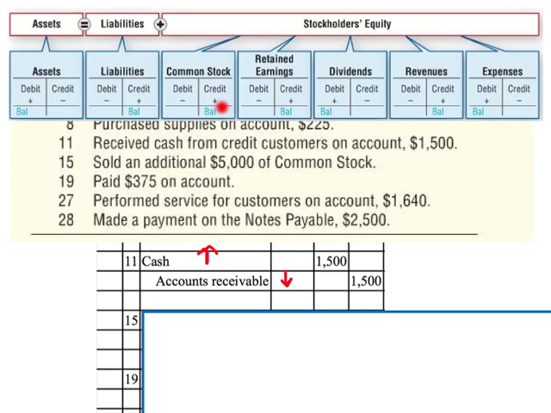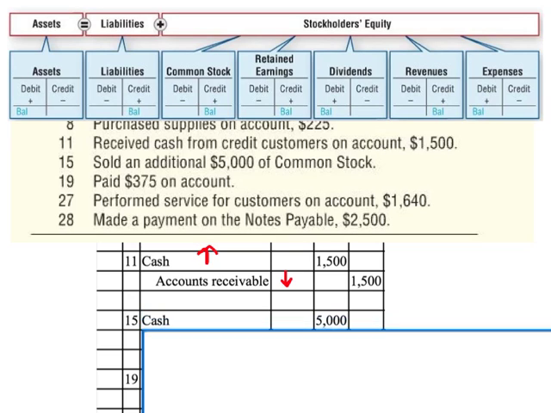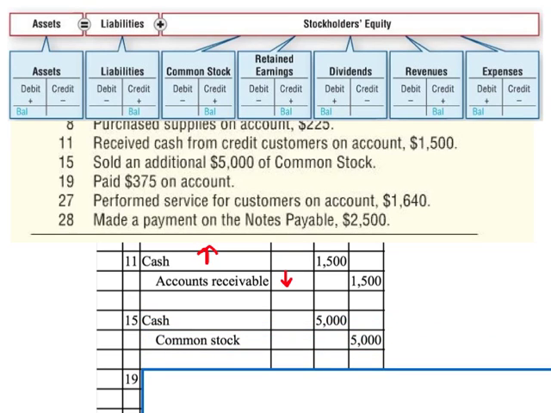In order to increase my common stock, I need to credit it. So let's go ahead and debit our cash, credit our common stock. Cash will go up by $5,000 with that debit. And common stock will also go up with a credit. Remember, credits increase common stock, which is part of our equity.